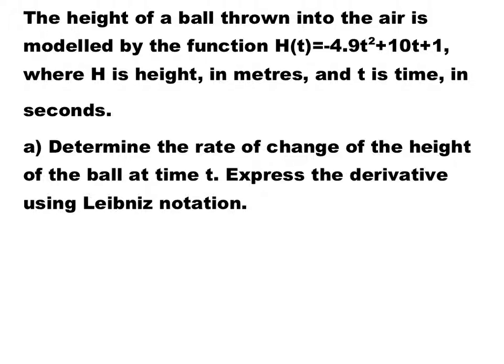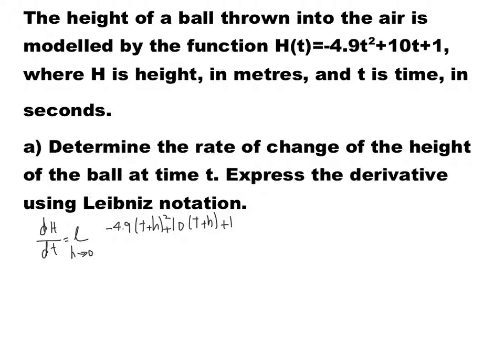So in Leibniz notation, we are going to write dh over dt is equal to the limit as h goes to 0 of negative 4.9 (t plus h) squared plus 10 (t plus h) plus 1.